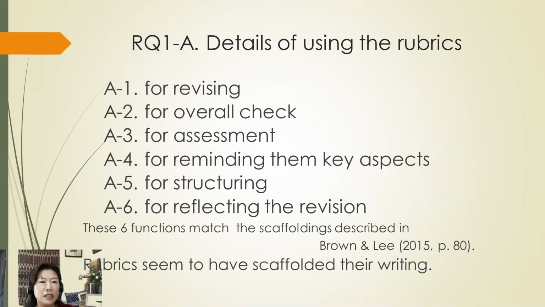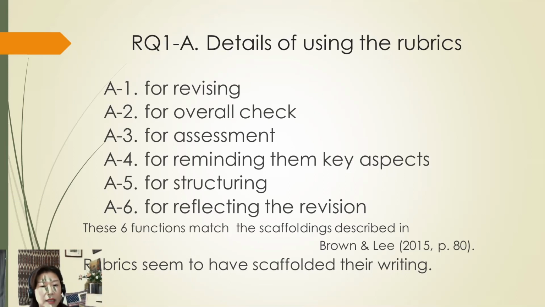Going into details of using the rubrics, students found 6 functions. 1. Revising. 2. Overall check. 3. Assessment. 4. Reminding the key aspects. 5. Structuring. And 6. Reflecting the revision. These 6 functions match the scaffoldings described in Brown and Lee.